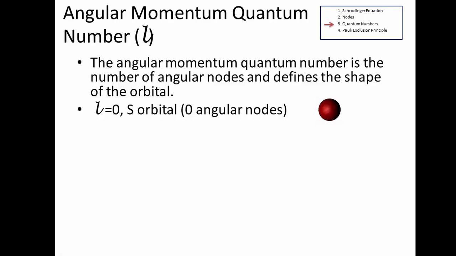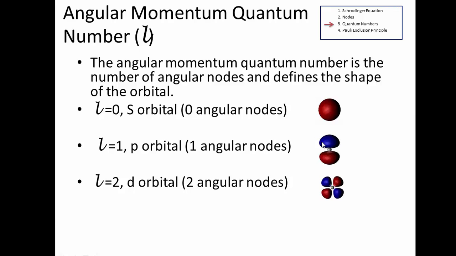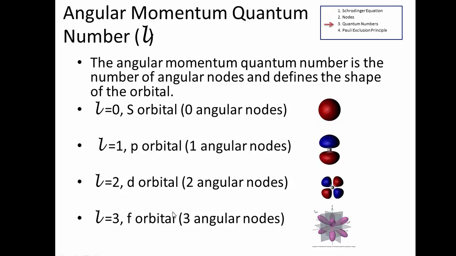So if L is 0, we have 0 angular nodes and we have a sphere. If L is 1, we have a p orbital, so we have 1 angular node bisecting the orbital. If L is 2, we have 2 angular nodes and now we have a d orbital. And finally, if L is equal to 3, we have an f orbital and 3 angular nodes.